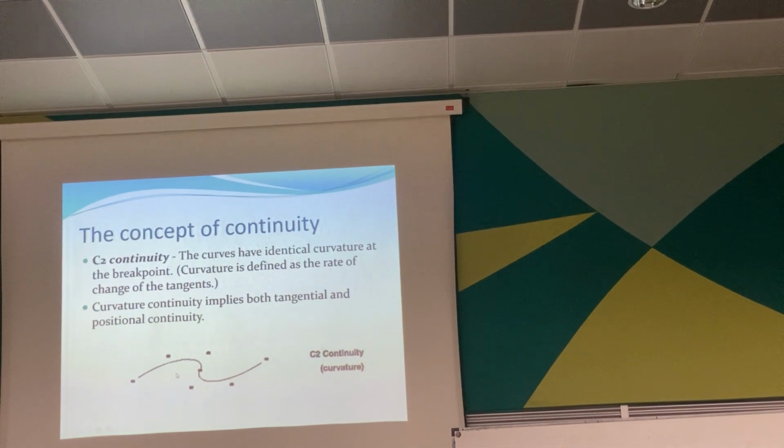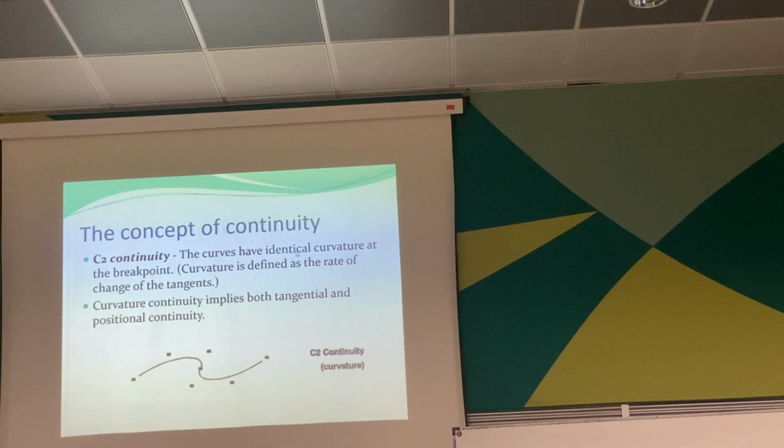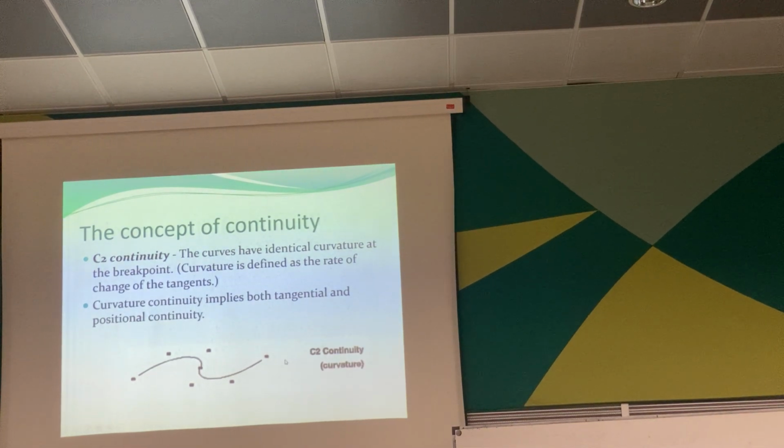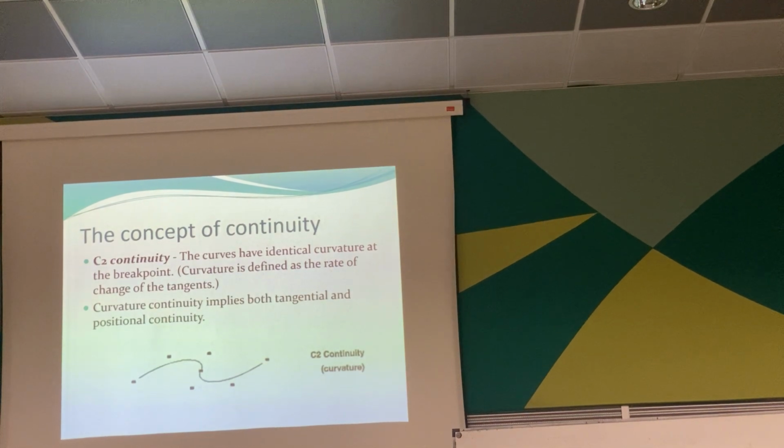It means the change of direction between the two curves is the same. So it just looks like one line. You wouldn't see that it's actually two different curves that connect smoothly and their direction is the same. The changing direction of the curves is the same. This is called curvature, which gives you the best continuity.